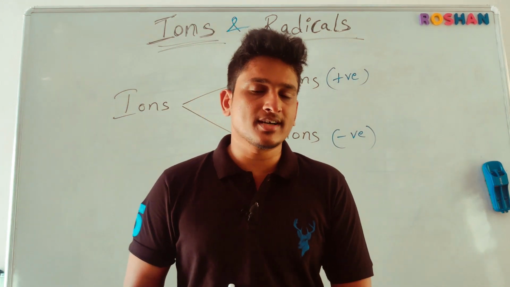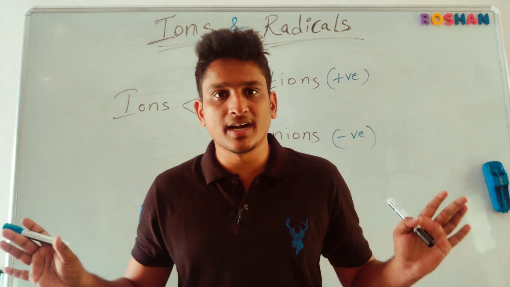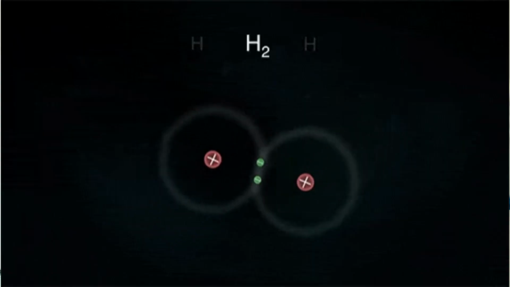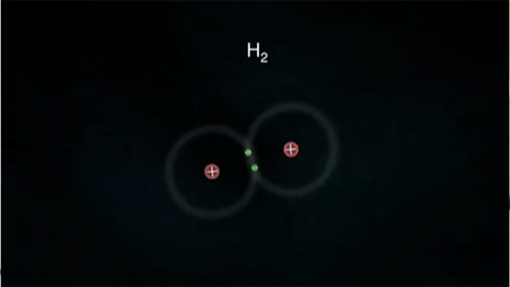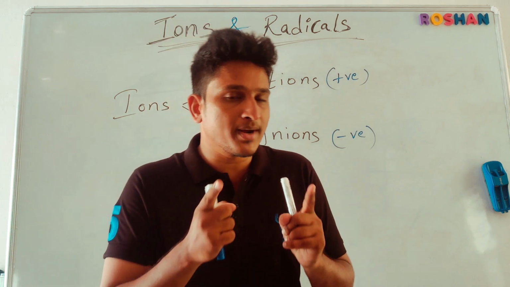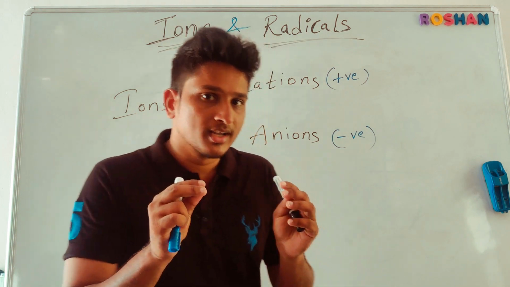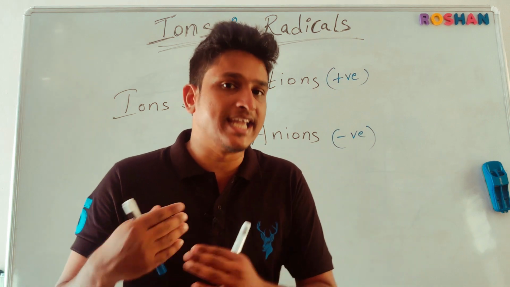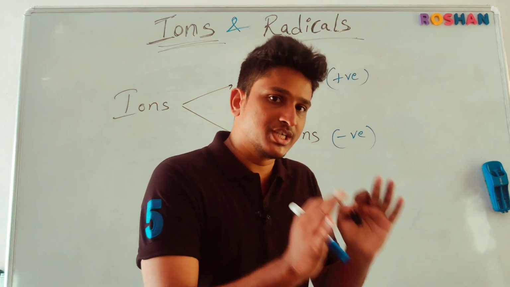In the last video, students, I said clearly that the whole matter is made up of atoms, and these atoms do not exist independently. They exist in molecule and compound forms, yes or no? During the formation of that molecule, they combine chemically. Chemically means some atoms lose electrons, some atoms gain electrons, some atoms share electrons.